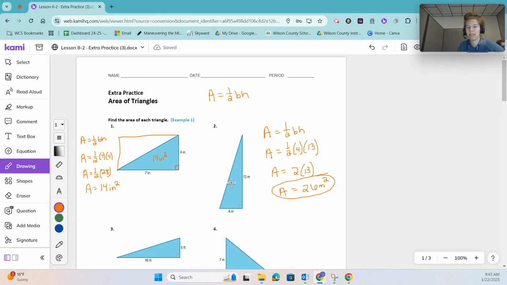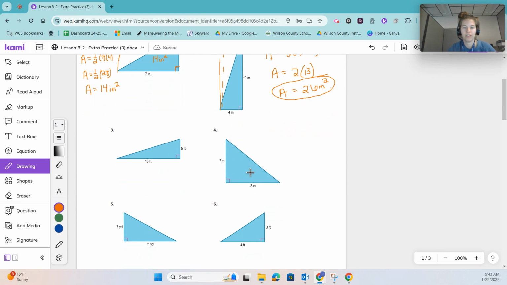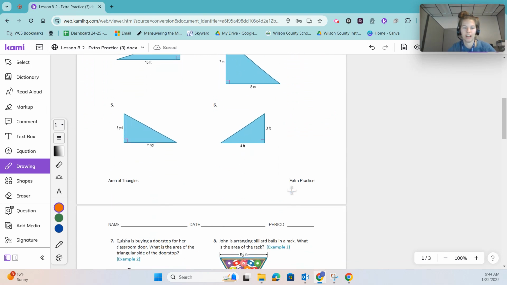I do not forget to multiply that by that half, because a triangle is, again, half of that rectangle. It's not the whole rectangle. If you don't multiply by the half, then you're giving the area of a rectangle, and that's not what they're asking. There's a couple more very similar to that you can try there.